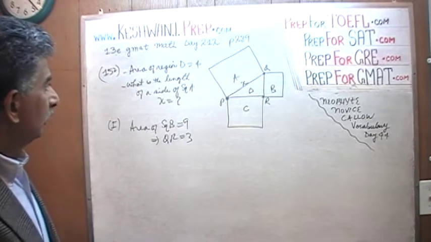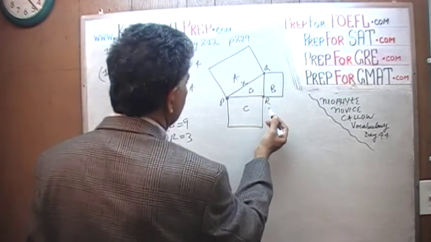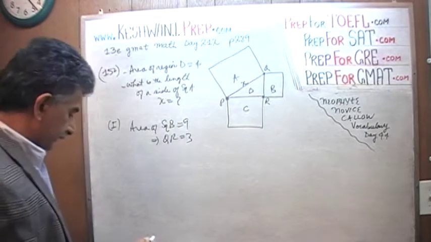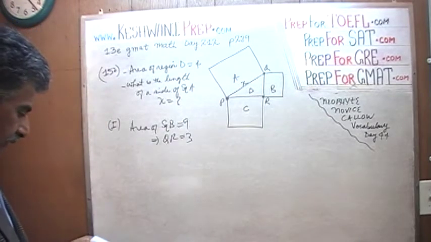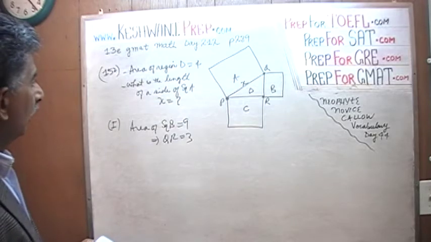We are also told that the area of the region D, well then we got a problem. If B is 9, then Q to R is 3. Oh, never mind then.